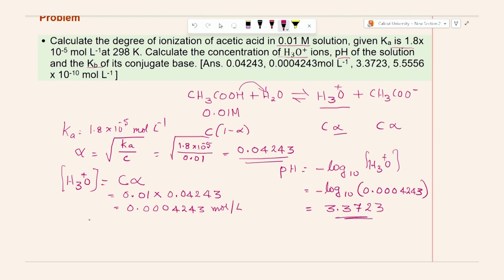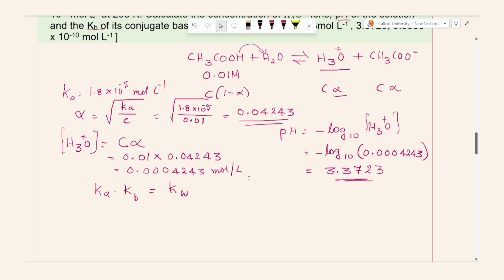Next, we have to find the value of Kb. We know that Ka into Kb will be equal to Kw. That is the expression, the product of Ka and Kb will be equal to Kw. We know Ka, but we do not know Kb. So, how will you find Kb? Kb will be equal to Kw by Ka.